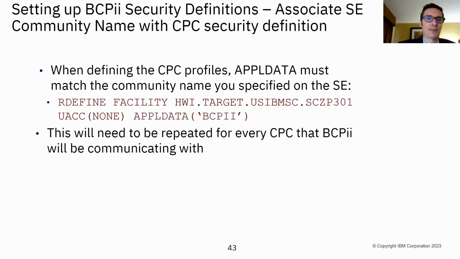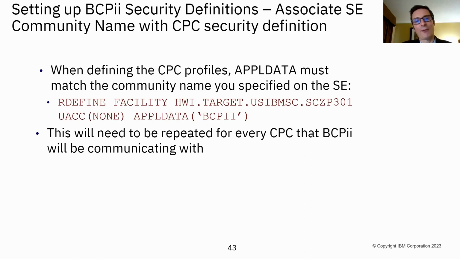And then last but not least, remember that secret handshake: I need to know the community name that's been defined by my hardware engineer. So in this case, I need to specify that. The way I do that is on the actual profile definition for a particular CPC, where I specify that community name in the form of an APPLDATA.